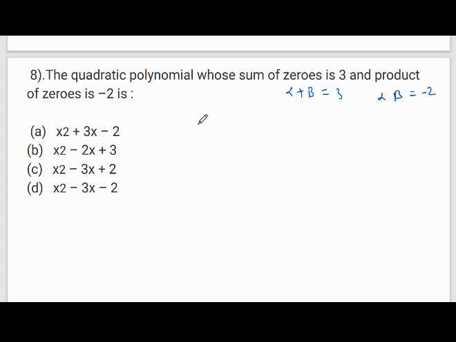So we can find the equation using the standard formula: x square minus alpha plus beta into x plus alpha into beta is equal to 0. Now put the value of alpha plus beta, that is 3x, and alpha into beta is minus 2, is equal to 0. So x square minus 3x minus 2 is equal to 0. You can look here, option number D is correct. Okay.